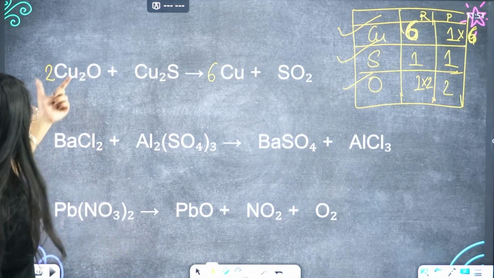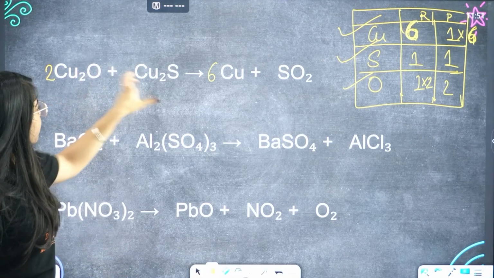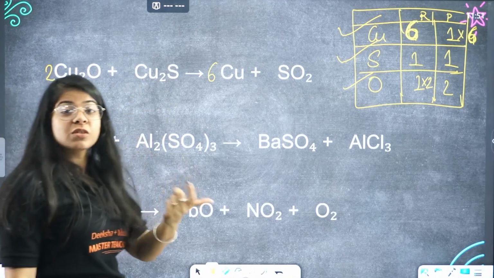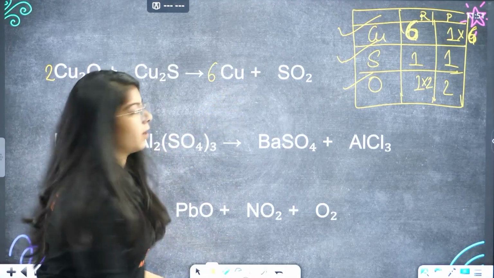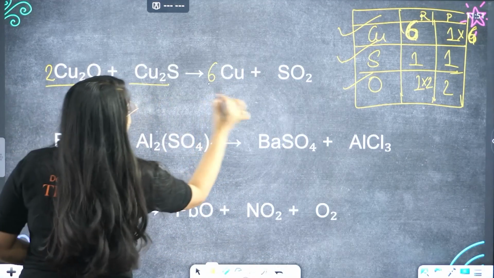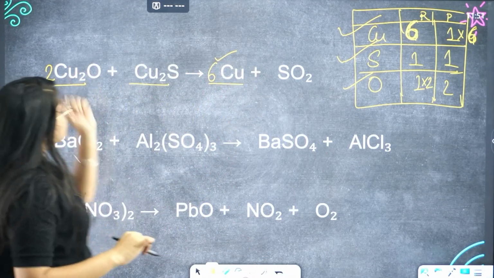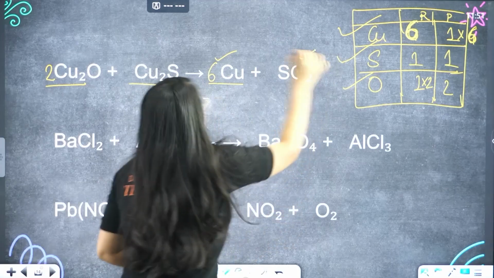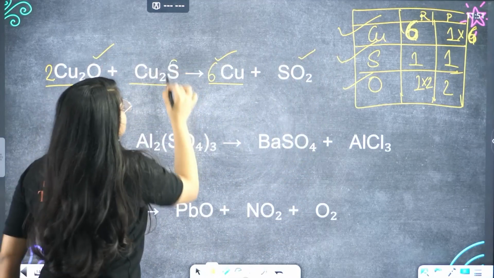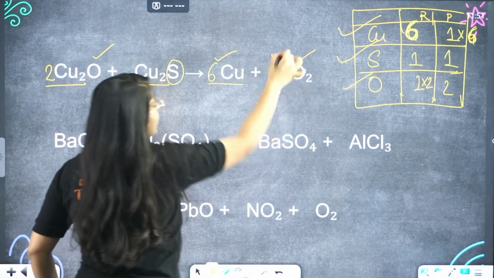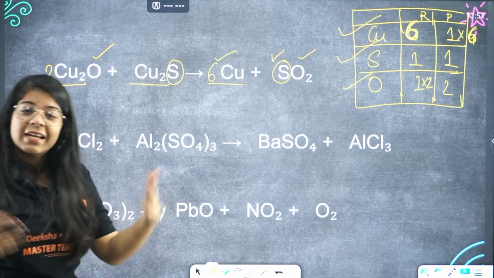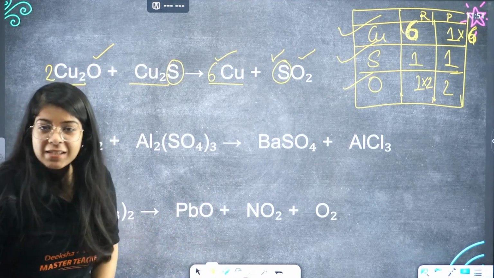Let's see if this balances. 2 into 2, 4 plus 2, 6 copper here, 6 copper here. Okay, copper is balanced. Then 2 oxygen here, 2 oxygen here. Oxygen is also balanced. 1 sulfur here, 1 sulfur here. Sulfur is also balanced and hence the equation is balanced.